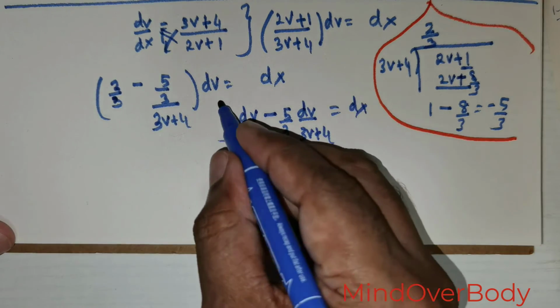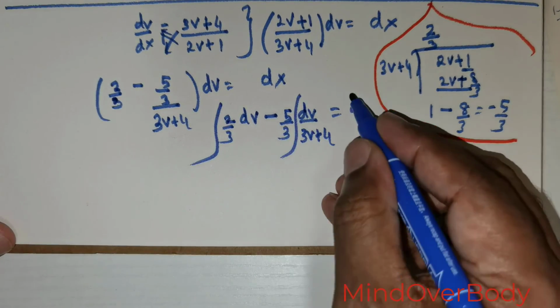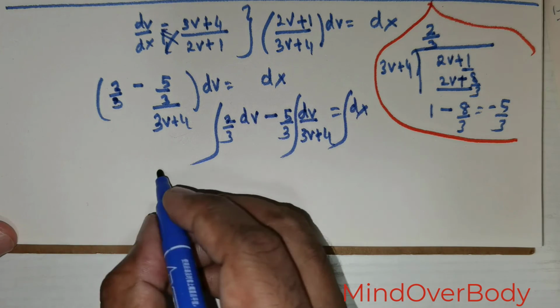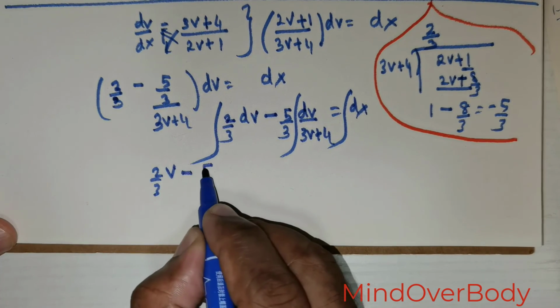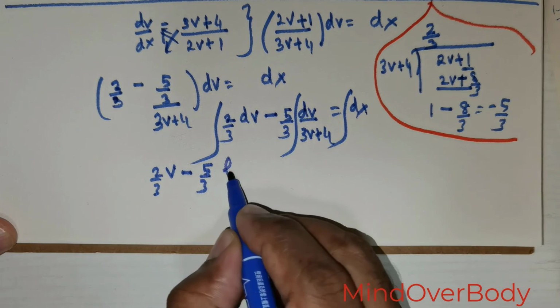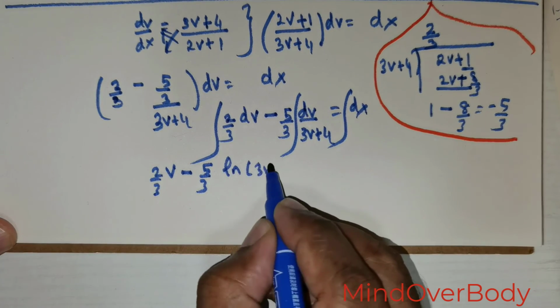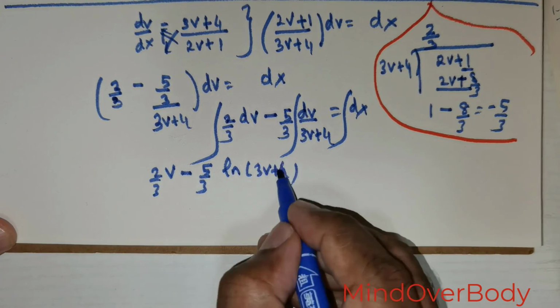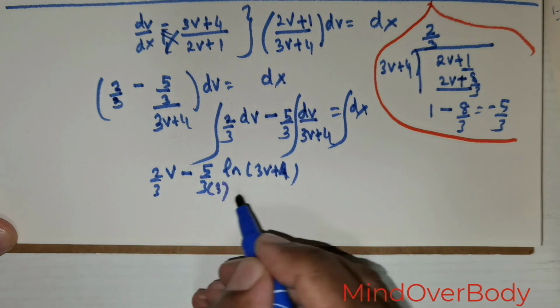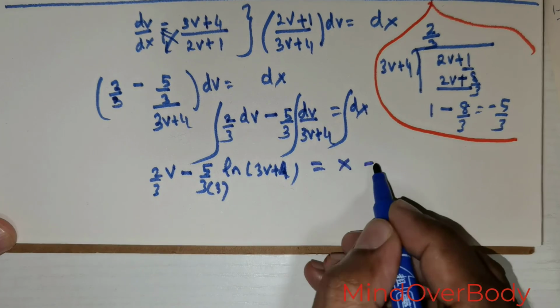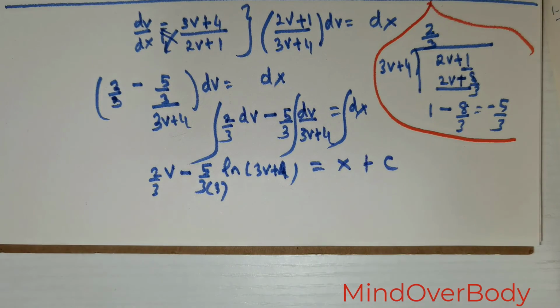Now I would like to integrate. So this is going to give me 2/3 times v. This is going to give me 5/3 times ln of (3v + 4), and I need to divide by this coefficient, which is 3. And this is going to be x + constant c.